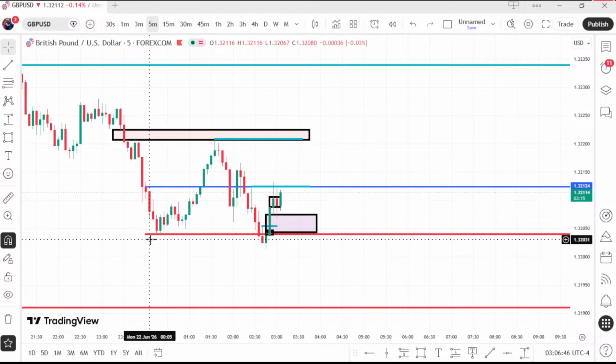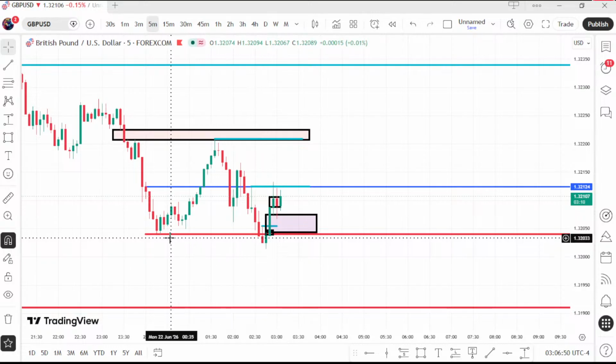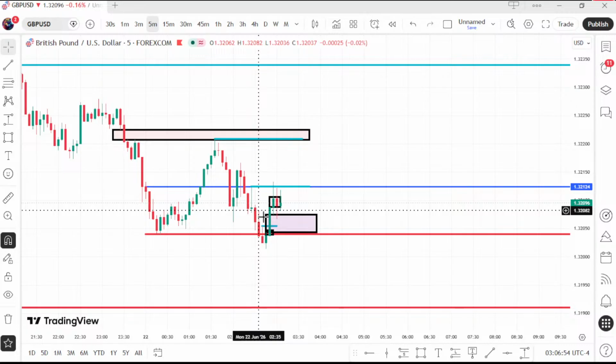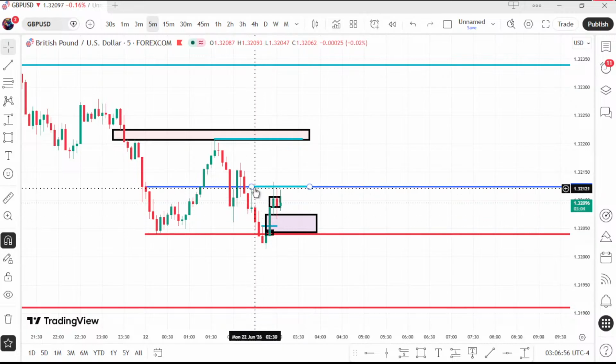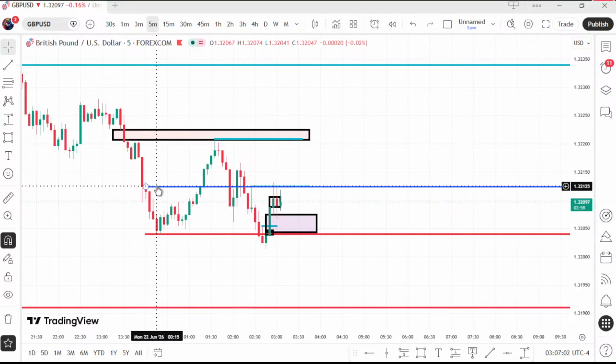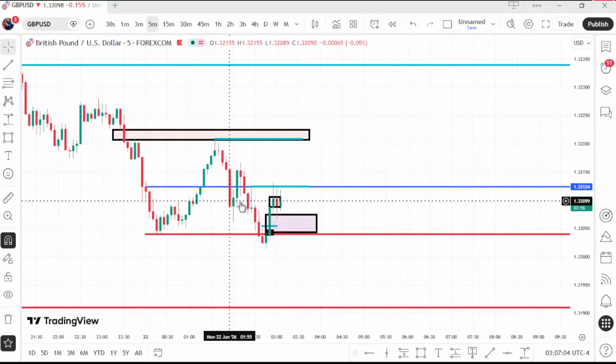So the higher time frame PDRA is this sell side liquidity in the hourly time frame during the London session. You see that price has taken it out with a market structure shift, this here, and also this here is a midnight open, so we are buying below the opening price.